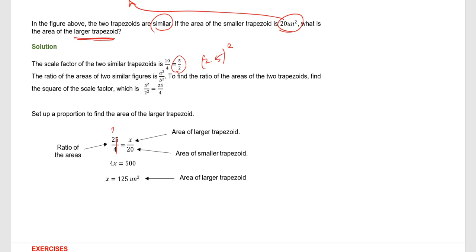So 25 divided by 4, what is that? That's 6.25, right? So 6.25 is equal to x over 20, and then just cross multiply. So x equals 6.25 times 20. Either way is fine, depending on how your brain is organized.